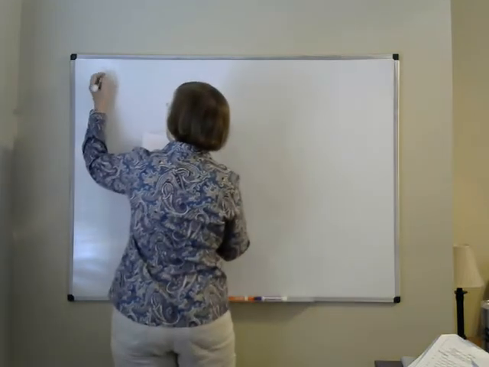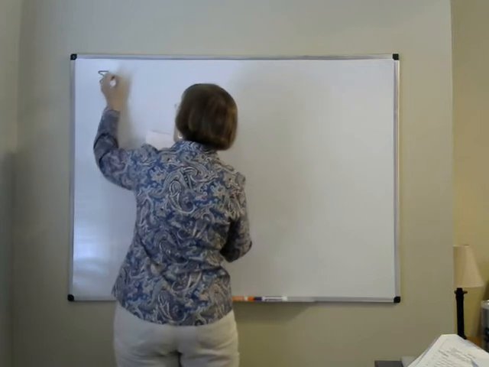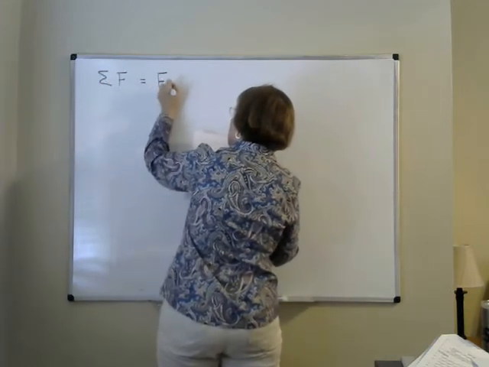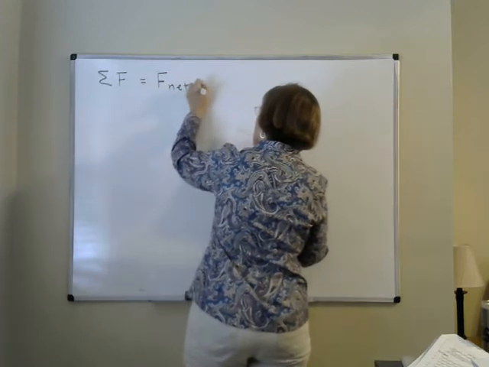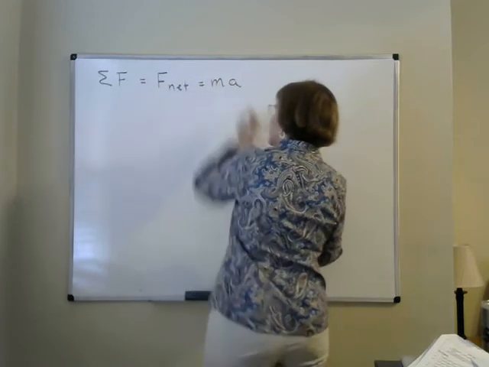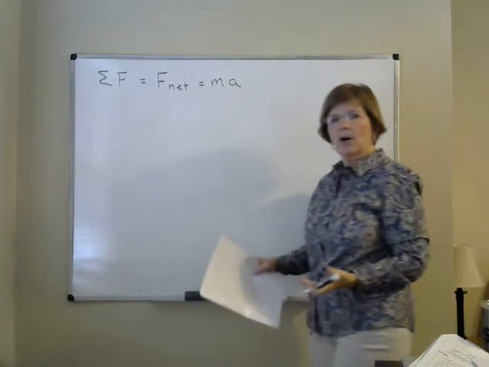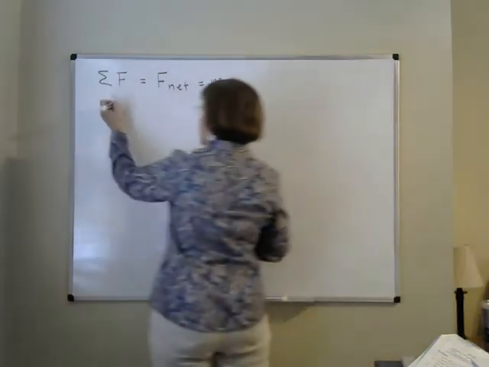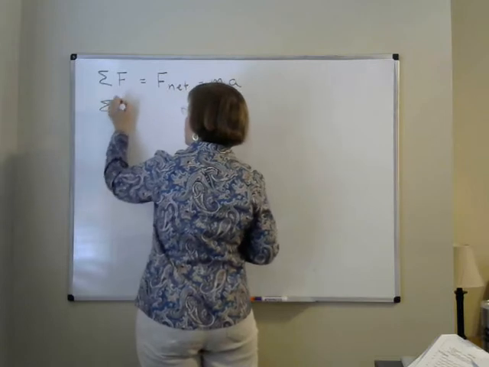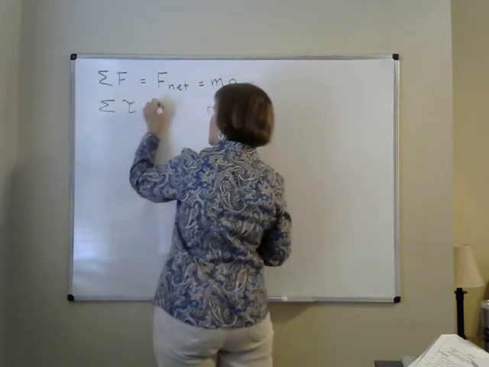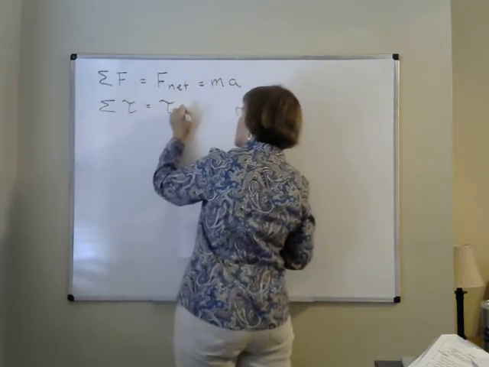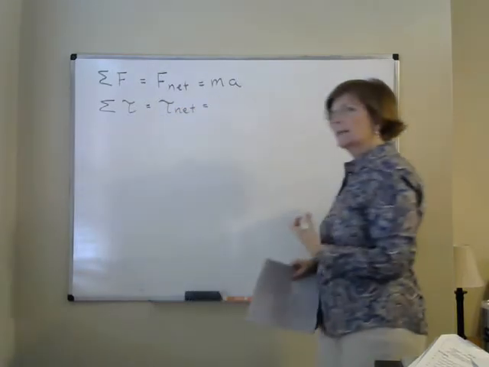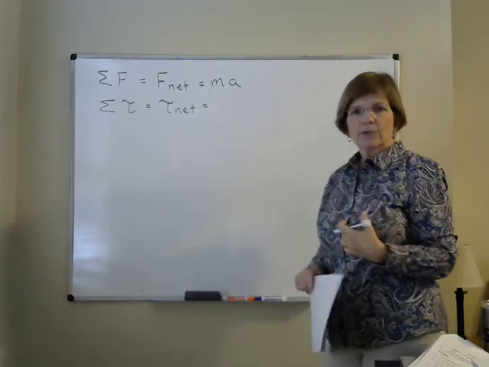We know that the sum of all the forces, which is another way of saying the net force, is equal to mass times acceleration. That's Newton's second law. Our rotational equivalent says that if we have the sum of all the torques, or the net torque, that will equal not the mass, but the moment of inertia.